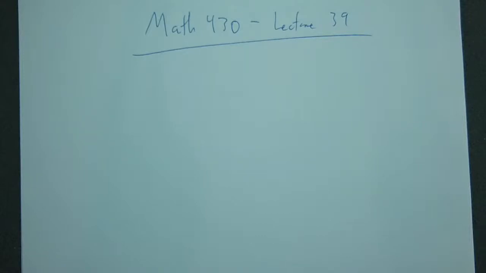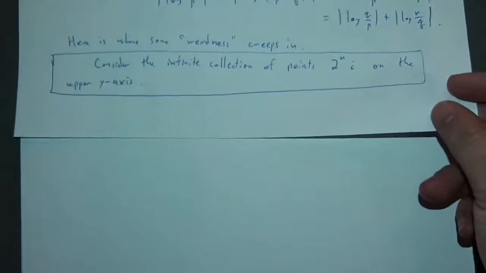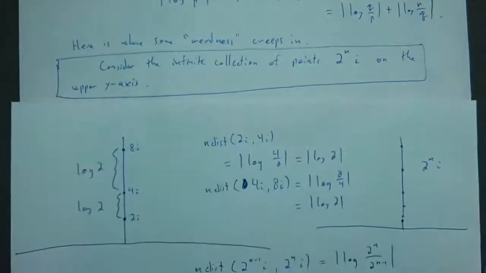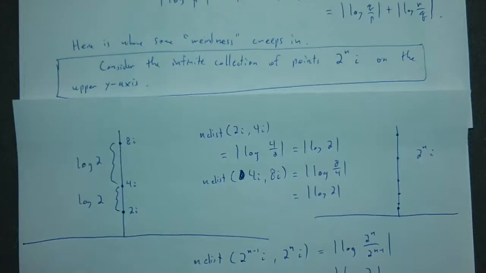And as we saw last time, consider the infinite collection of points 2 to the n i on the upper y-axis. So here's what a couple of them look like. The distance between 2i and 4i is log 2.